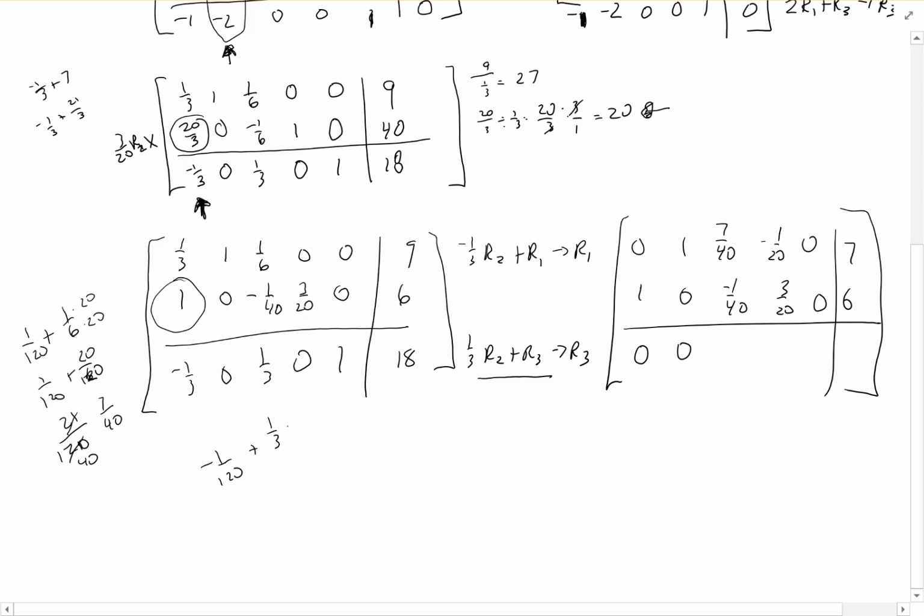And so that would give me, let's see, need a common denominator. 3 times 40 gives me 120. So negative 1 over 120 plus 40 over 120 gives us 39 over 120 in there. Okay. And then 1/3 times 3 over 20 would be 1/20, plus 0 is going to be 1/20.